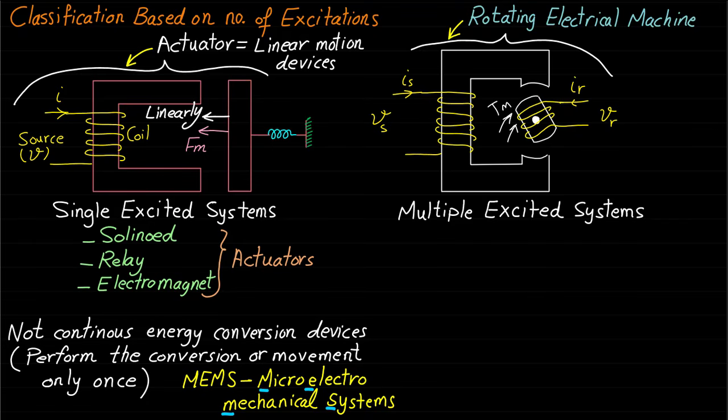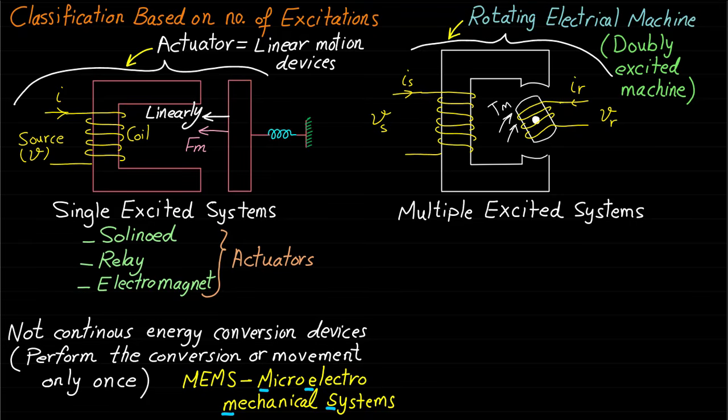This simplified rotating machine has two sources or two excitation coils. Basically, this doubly excited rotating machine represents the concept of almost all the rotating machines.